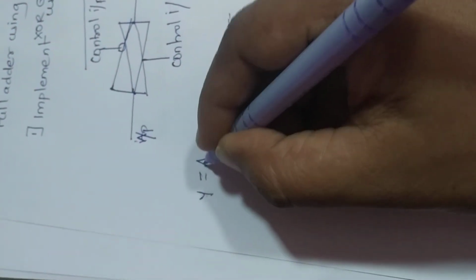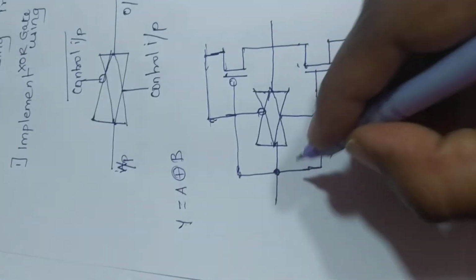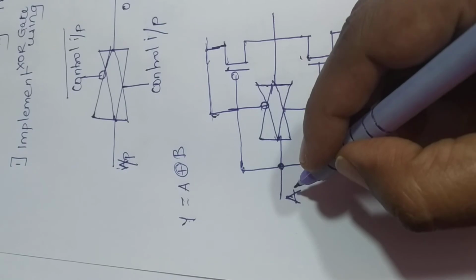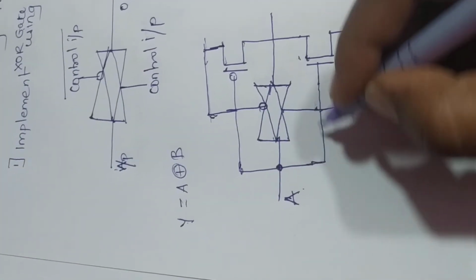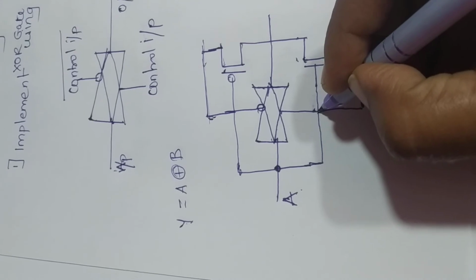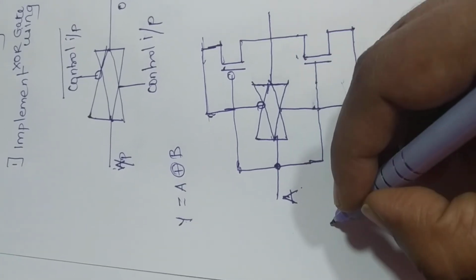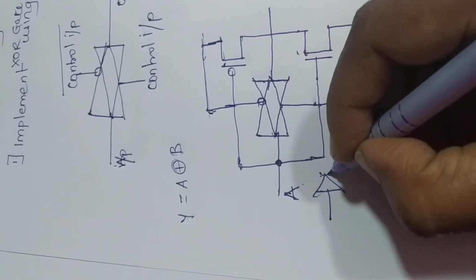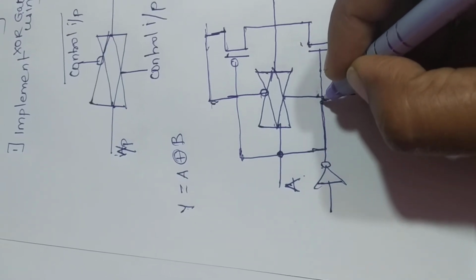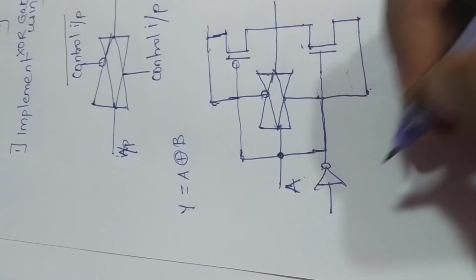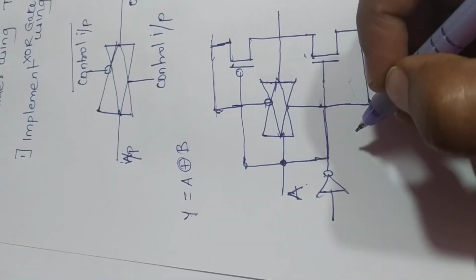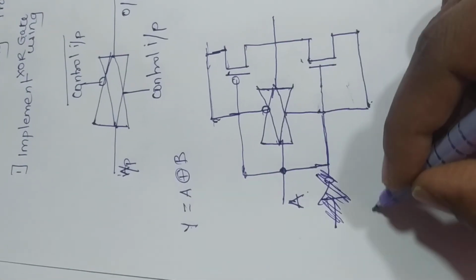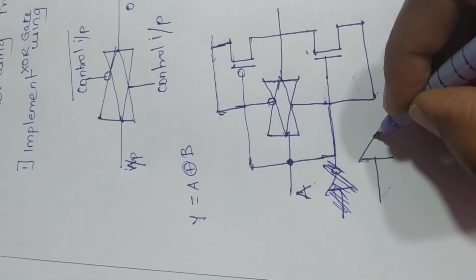Now what is my Boolean expression? XOR is A XOR B. My original input is A and B is my control input. Here I am applying B and its complement, B bar, to the control terminals.